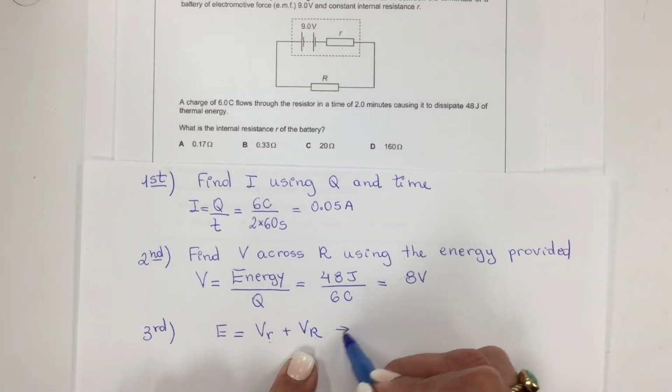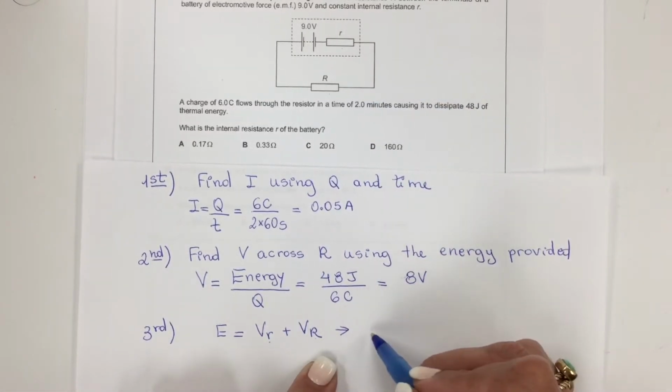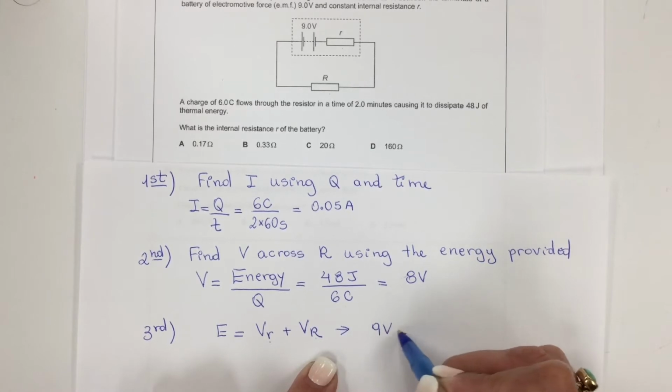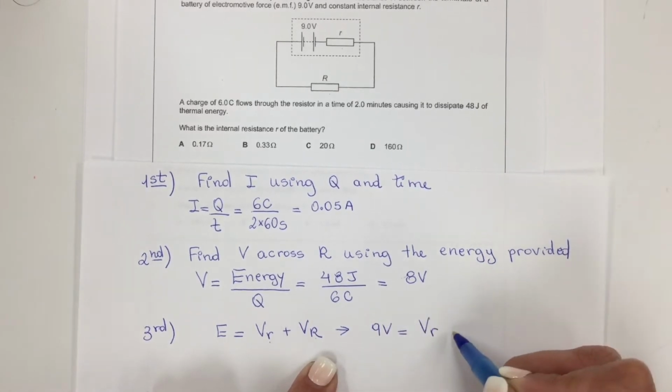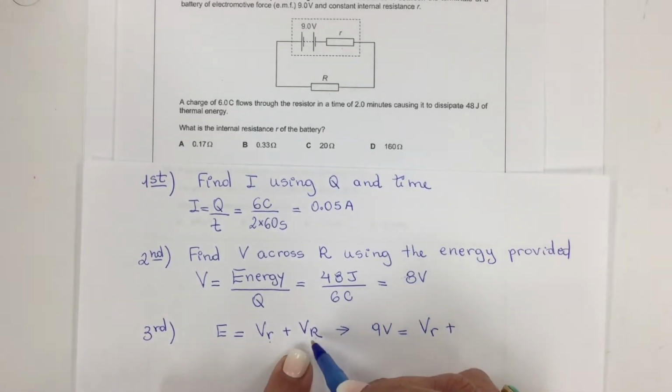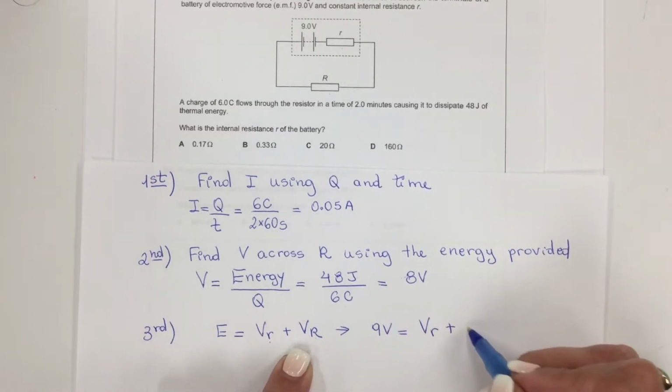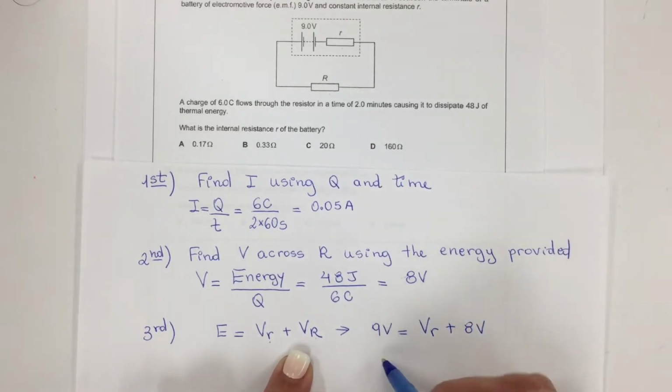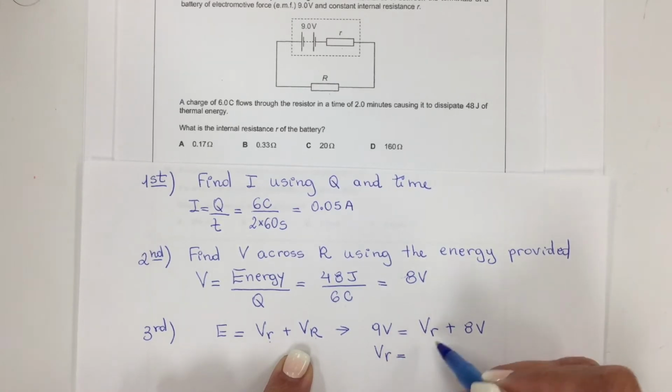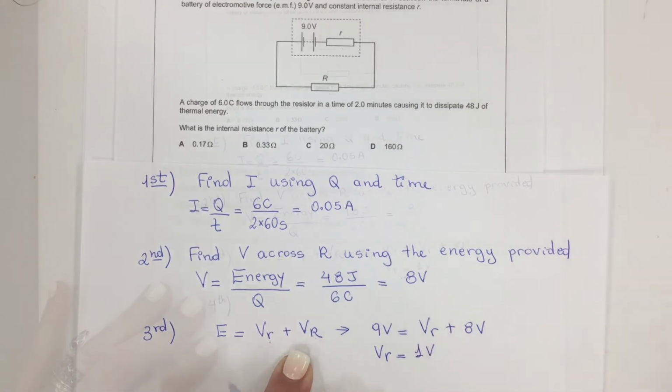So I can state that E, 9 volts, is equal to Vr, that I don't know, plus the voltage across the big resistor, which is 8 volts. So the voltage across the small resistance is 9 minus 8, which is 1 volt.